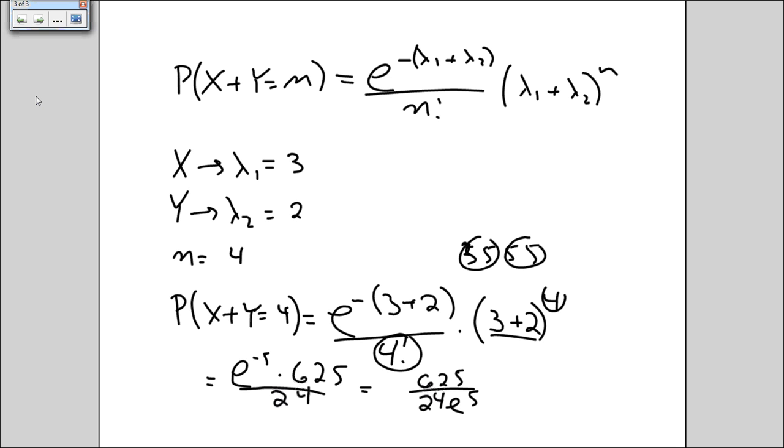Once you have the formula, you just plug in the lambda 1, the lambda 2, and the n. And on an exam, to save time, you really should know that distribution. Okay.